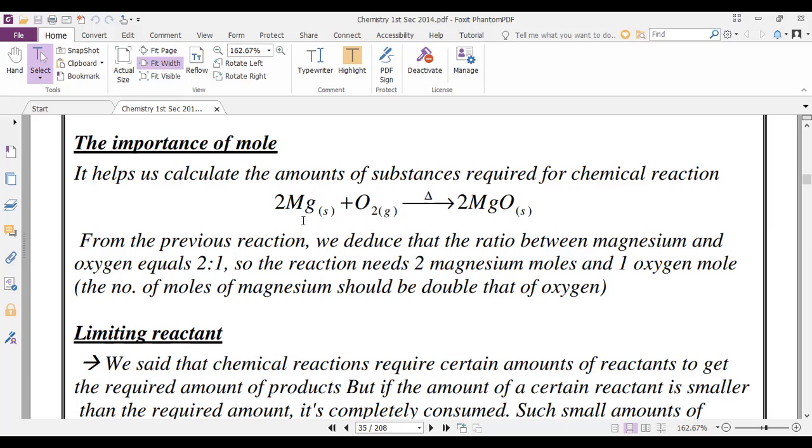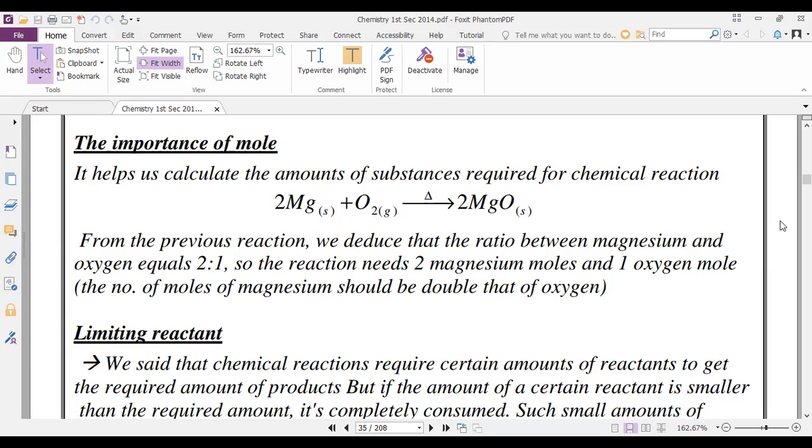So try to complete. If 1 magnesium atom must combine with what oxygen atoms to produce what magnesium oxide? To produce 1 magnesium oxide. Excellent. Good. So if 2 magnesium atoms react with 1 mole of oxygen, they produce 2 moles of magnesium oxide.